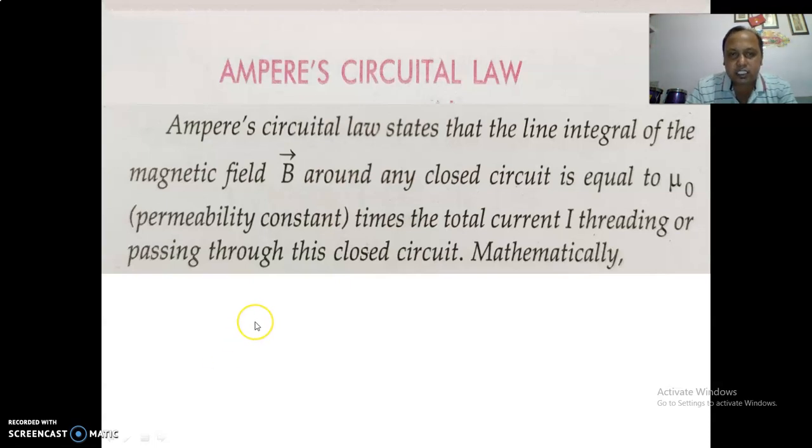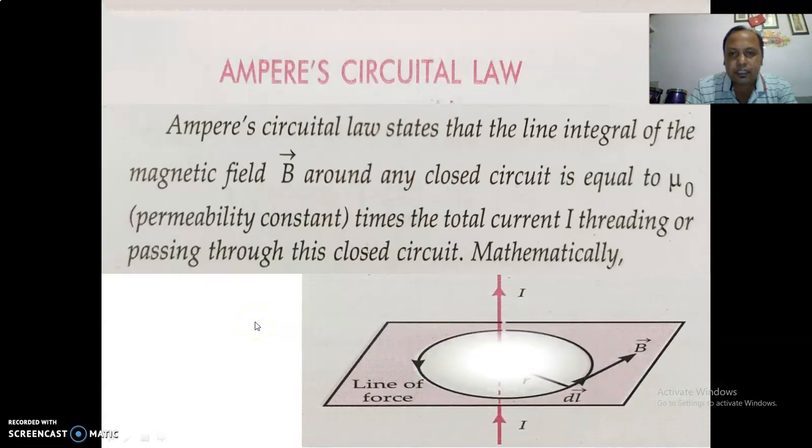To understand this even better, we will use a figure here. In this figure we have taken a closed loop in the form of a circle. This is the closed loop, and we have taken a straight current carrying conductor where the current is I. Now this is a closed circular loop through which current I is threading, that is, it is passing through it.